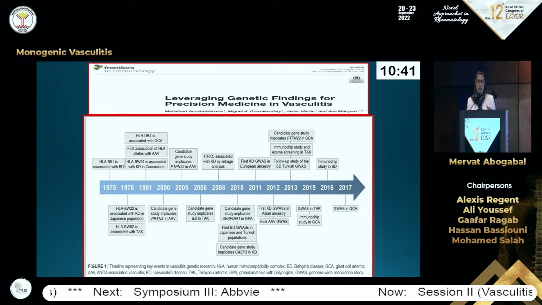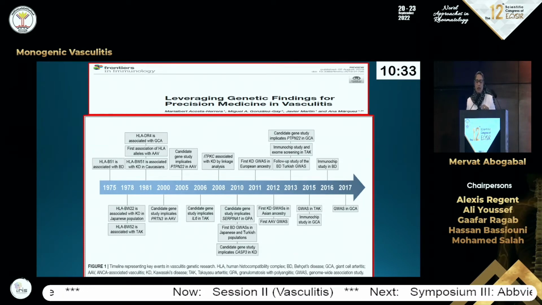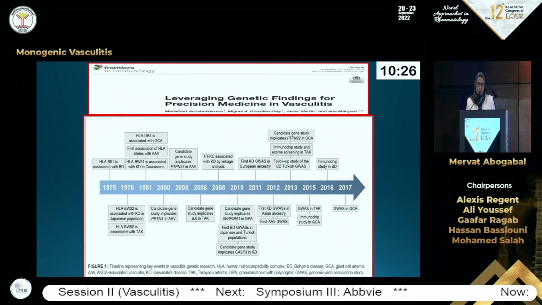starting from 1975 with the discovery of the genetic association between Behçet disease and HLA-B51 till 2017 with the discovery of the genetic association of giant cell arteritis.